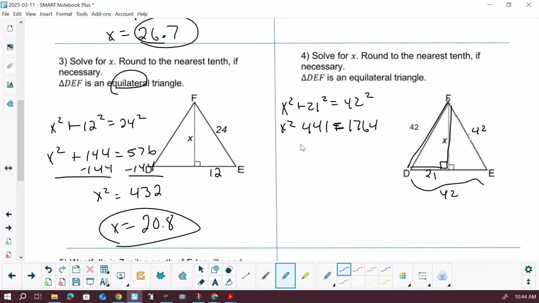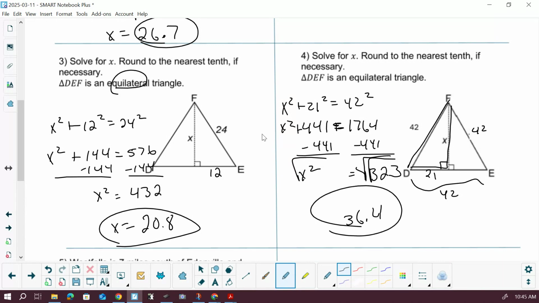Subtract 441, and we get x squared equals 1764 minus 441, which is 1323. Take the square root. Wow. Square root of 1323 is 36.37, which would be 36.4.